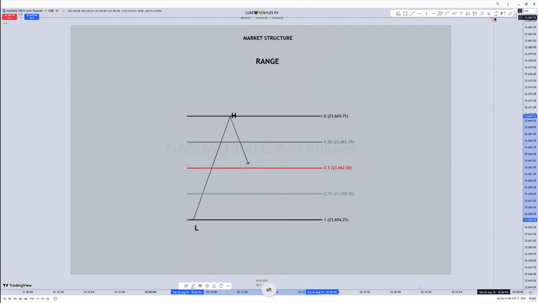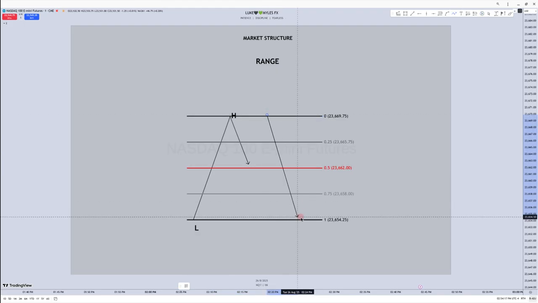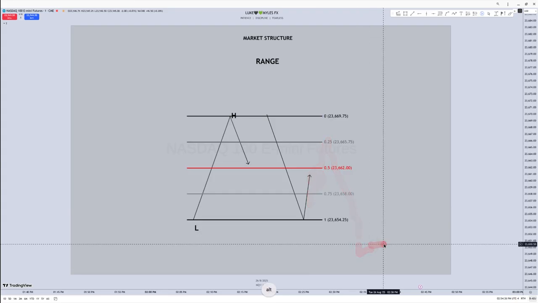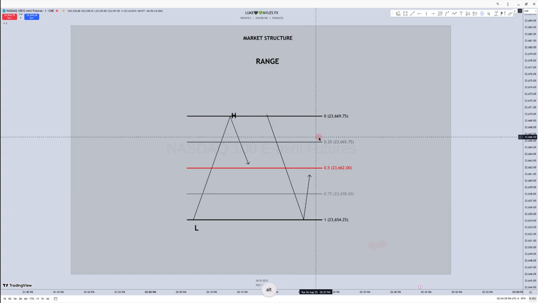Now if it was a downtrend and it was something like this, I would want the market to come back and go above 0.5 into premium, then drop lower to form a lower low. You understand? So the lower high that is formed here would be expected above 0.5. So that is what I mean.